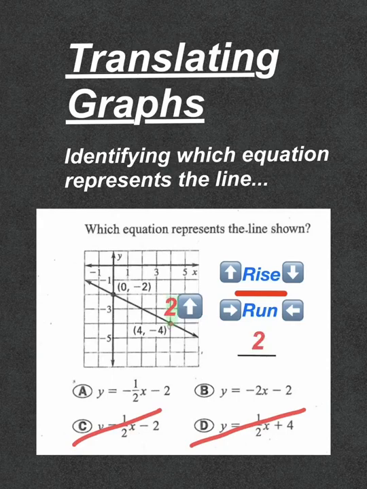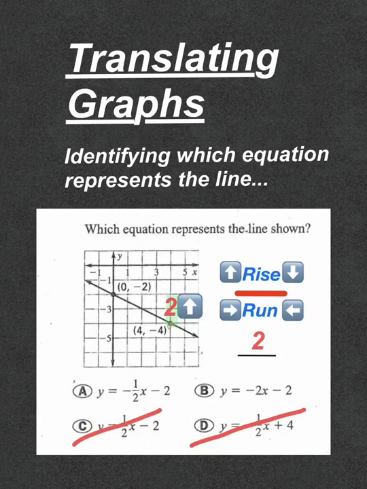Then we're going to climb the rungs of the ladder. We want to identify how far you have to go up on your graph to get directly across from the second point that we have, which is (0, -2). And that is 2 units up. And this becomes the rise of my slope.